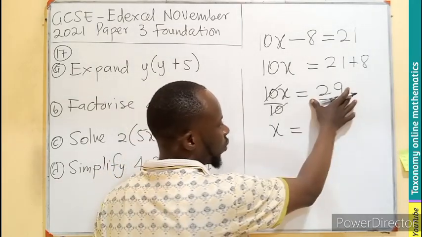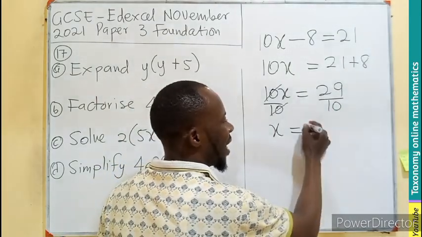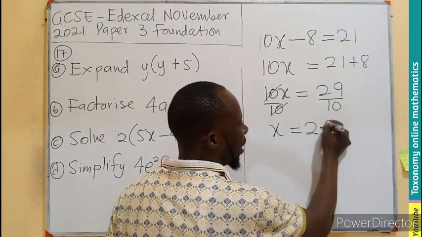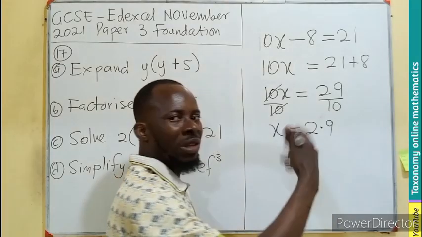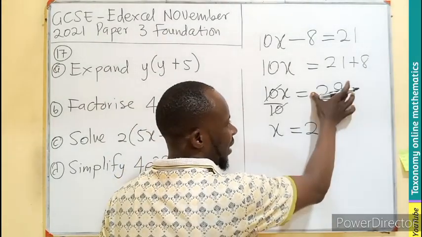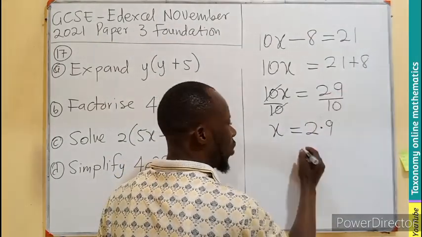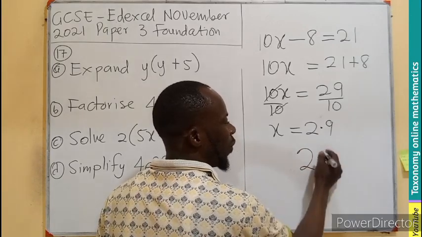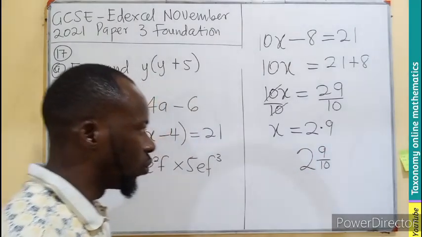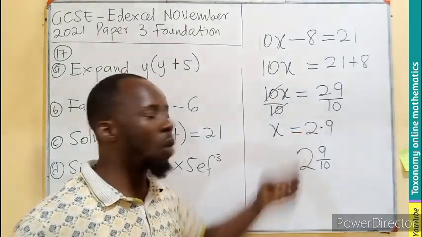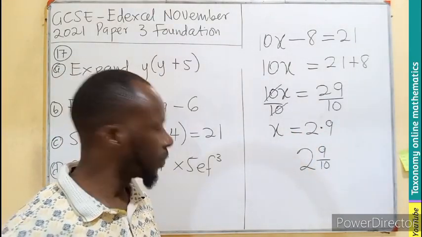If I divide 29 by 10, I get 2.9. Or I will convert this into a mixed fraction. 10 dividing 29 will go there 2 times with a remainder of 9, still divided by 10. So this could be the value of x, or 2.9.